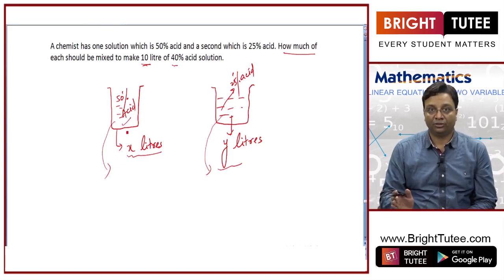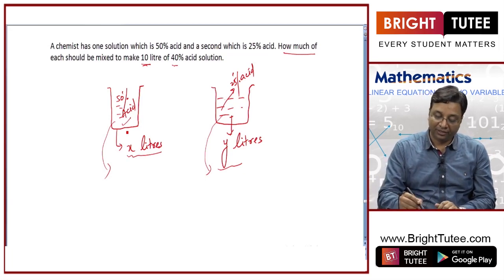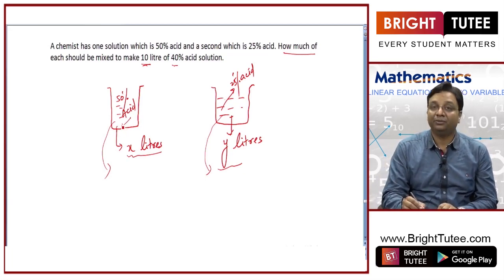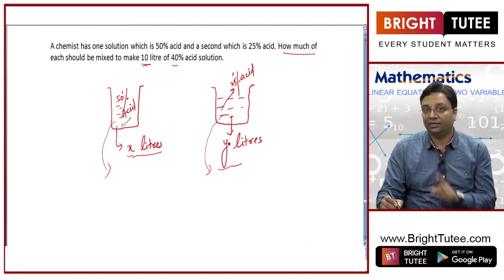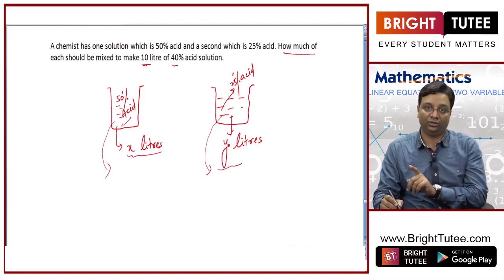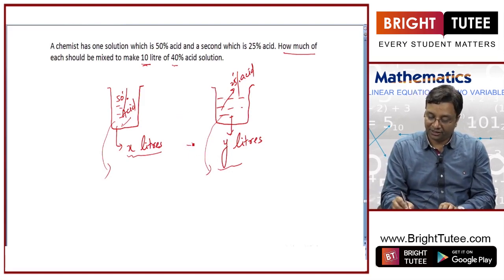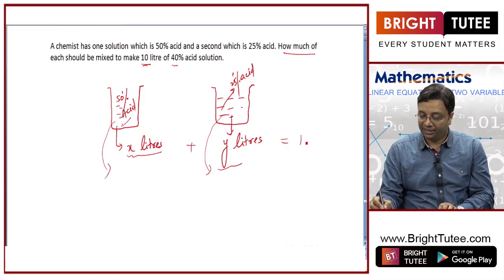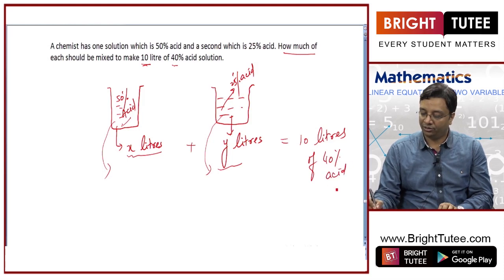These are two different solutions. Let us assume he will take x liters of 50% acid solution and y liters of 25% acid solution and mix these quantities to make 10 liters of 40% acid solution.